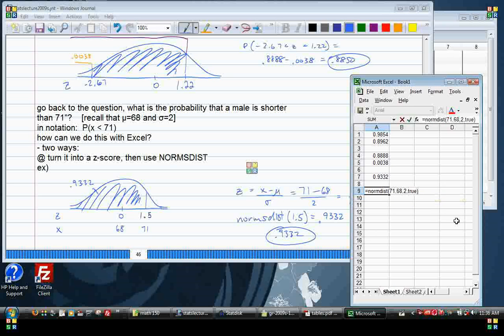There you go. That's one way to do it, yes. Notice that Excel tells you what order to put everything in. Excel is at least helpful in that respect. And don't forget your commas.